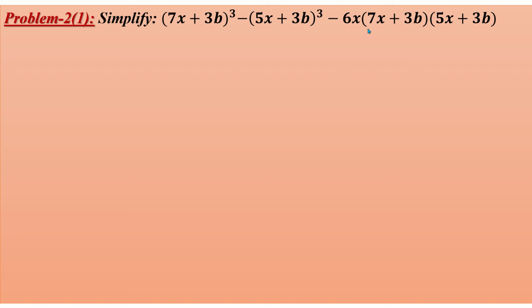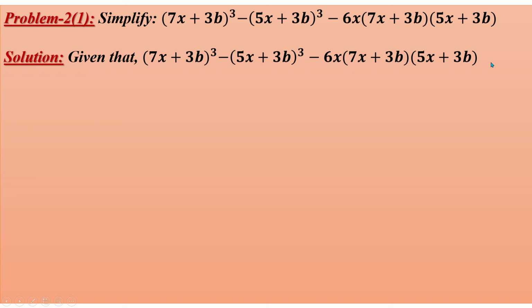Okay, but we can make this. Follow the solution. This is the given condition. Here two different parts are given, one is this and another one is this. So we can let this equal p, and this equal q.